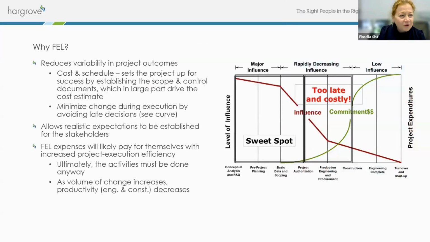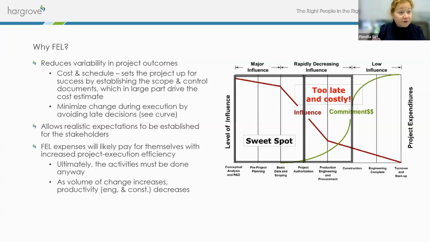All right, so why go through the FEL stages? Well, I'll show you why. And if you don't, these are the traps that you can fall into. Now, when you're in the early stages, close to the conceptual analysis, you're going to have a major influence on what the future is going to look like. You can determine where you're going to build the plant, what sort of flow sheet or equipment you're going to have.